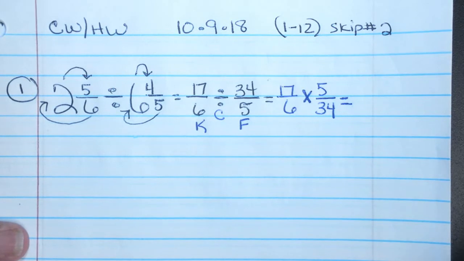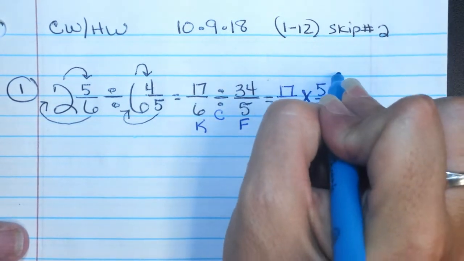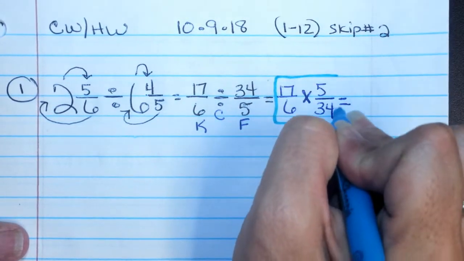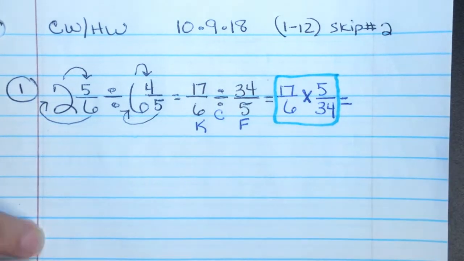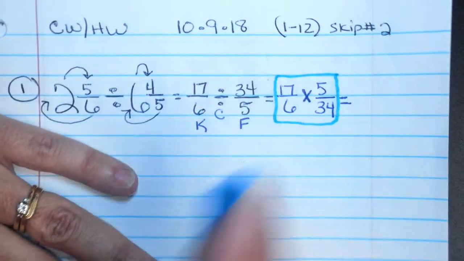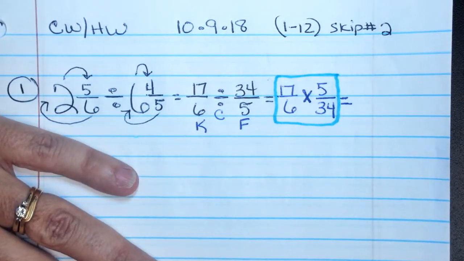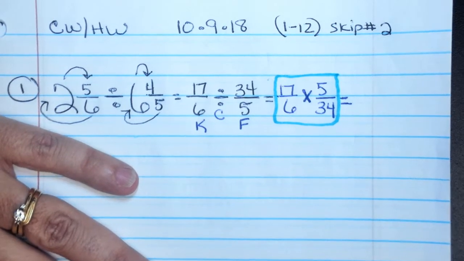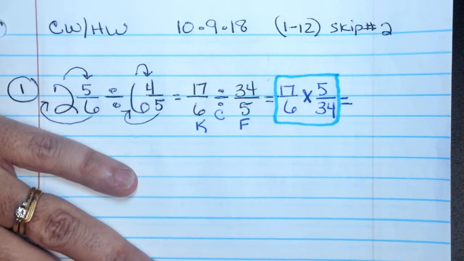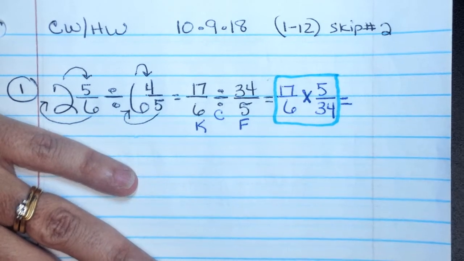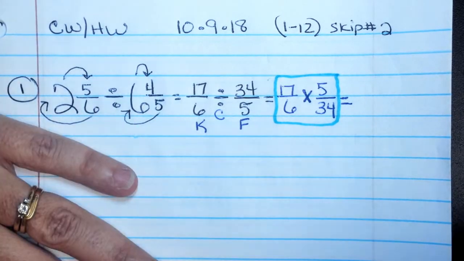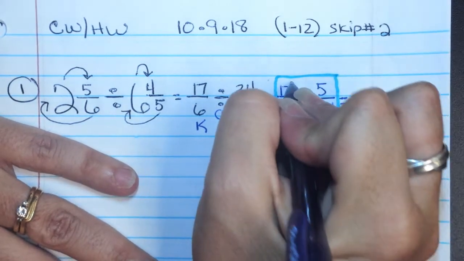Okay, now here is the only spot you can do the cross simplifying, if you like cross simplifying. It is there when you've hit the multiplication step. So are there any tops and bottoms that simplify? 17 and 34. How many 17s are in 17? 1.